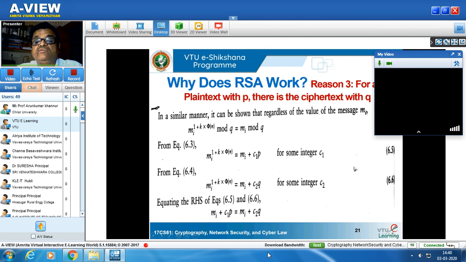Now, by making use of this equation, we simplify it further. m_i raised to 1 plus k into Euler's phi n equals m_i plus c2 q for some integer c2.